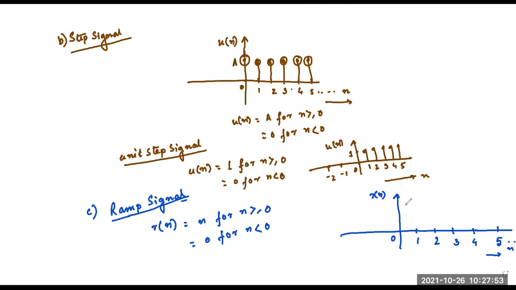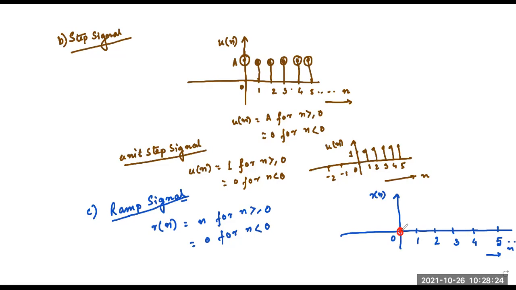So how will I represent this? For r(n) equals n, if I put the value of n equals 0, then the value of r(n) will be 0. So at 0, it will have the value of 0.